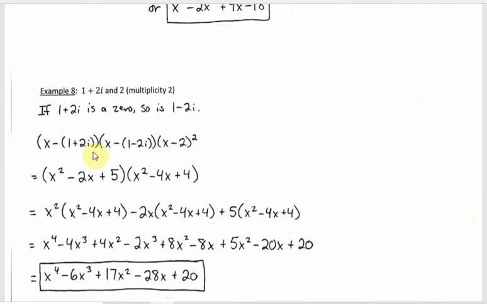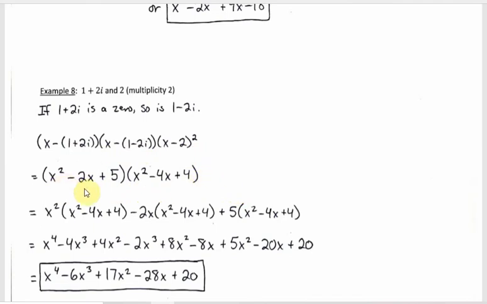So then it's this, we just have to multiply it all the way out. Again, probably want to aim for the complex conjugates first. If you multiply these two together, you end up here, the x squared minus 2x plus 5. And then the x squared minus 4x plus 4 is coming from x minus 2 quantity squared. So if you multiply x minus 2 and x minus 2, you FOIL that out, you'll end up here. And then you've got to multiply these.